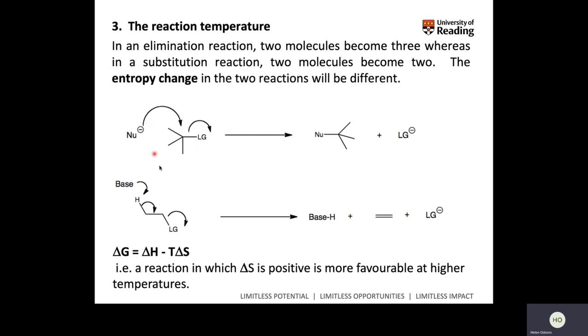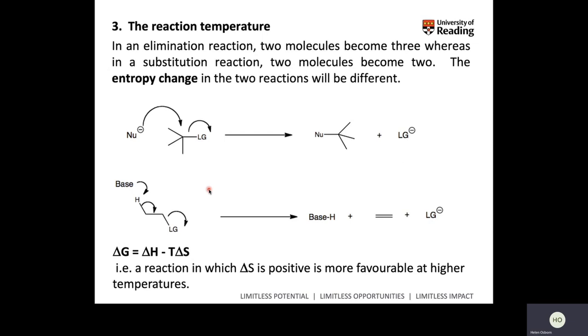We've got the nucleophile and we've got the substrate. And when we do our substitution reaction, whether it's SN1 or SN2, doesn't matter, we end up with two components on the right-hand side of the equation. We end up with our substituted product and our leaving group. So in other words, two molecules of starting materials give us two molecules of product. We're not creating any extra molecules, we're not increasing the entropy of the reaction.